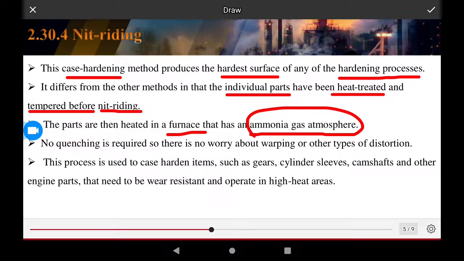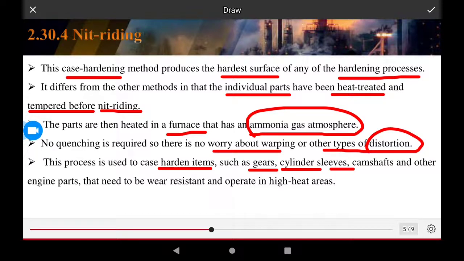No quenching is required, so there is no worry about warping or other types of distortion. This process is used to case harden items such as gears, cylinders, crankshafts, and other engine parts that need to be wear resistant and operate in high heat areas.